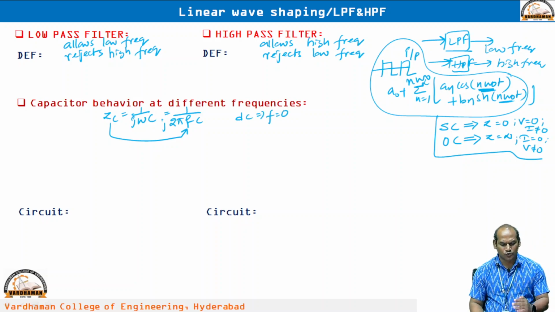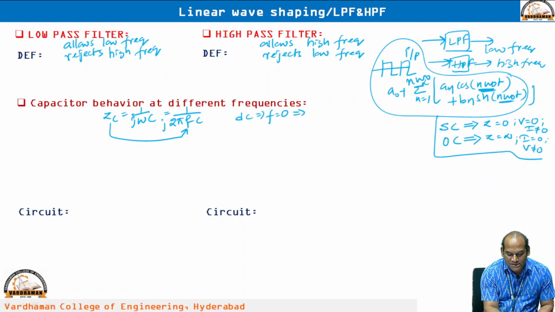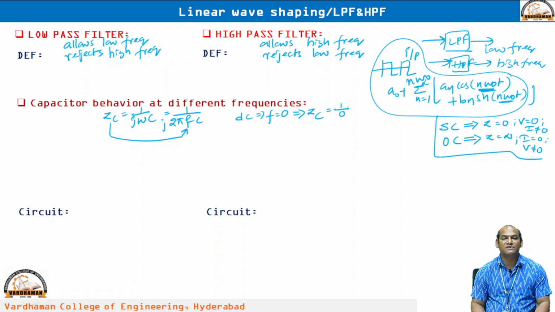DC means like 2 volts, 5 volts, minus 2 volts, like that. So, for the 0 frequency, how much impedance is offered by the capacitor? If we substitute f equal to 0, we get 1 by 0, that is infinity. That means impedance is infinity, and as I told just now, infinite impedance represents an open circuit.